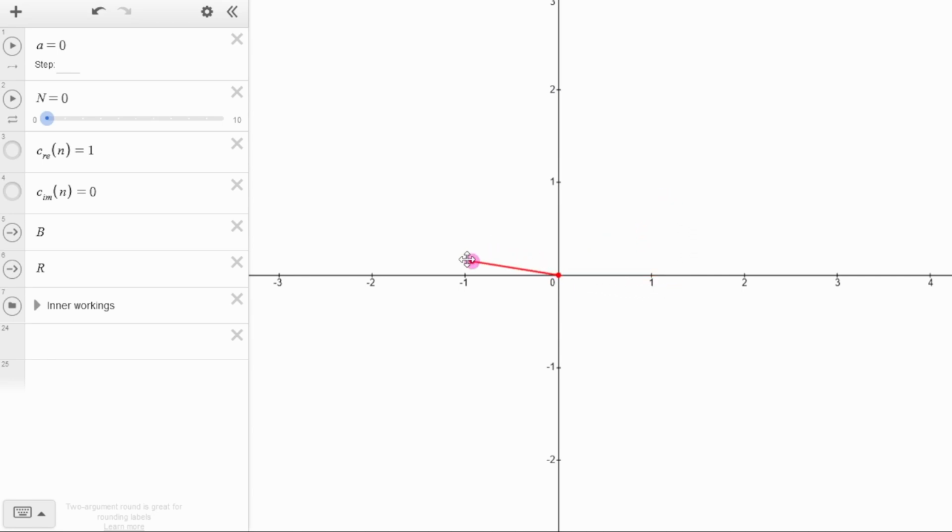As you can see, this function right now only has a DC component, which is what I'm moving right now. It's a DC part. So right now the DC part is 1 minus j. With this capital letter N, I can add exponentials. So right now there's 0, just the C0, the DC part. If I move this to 1, there's an added exponential.